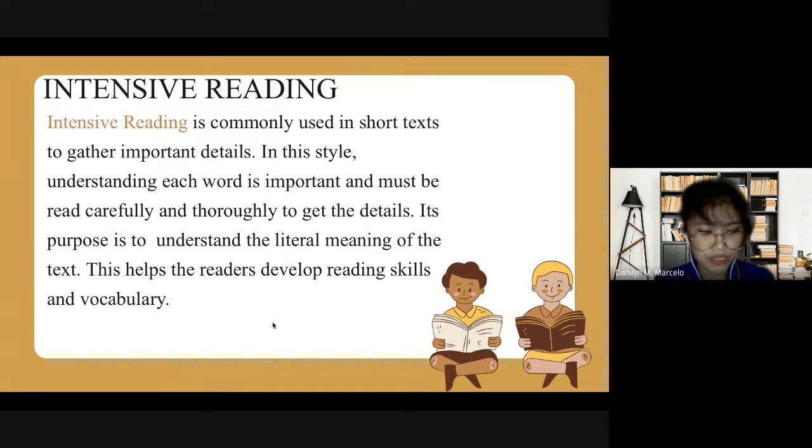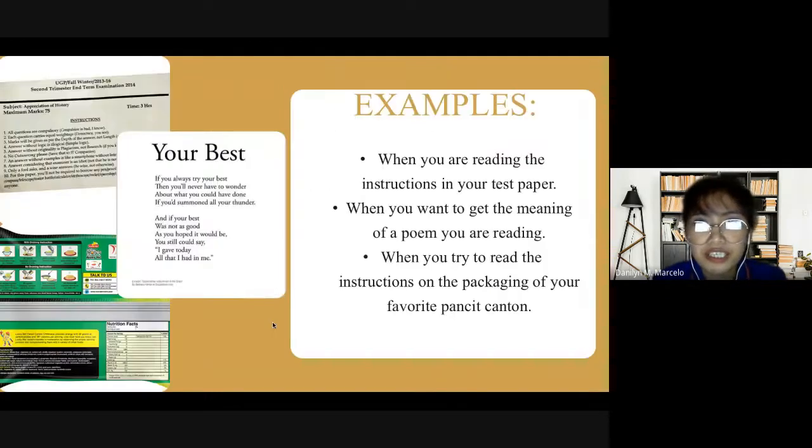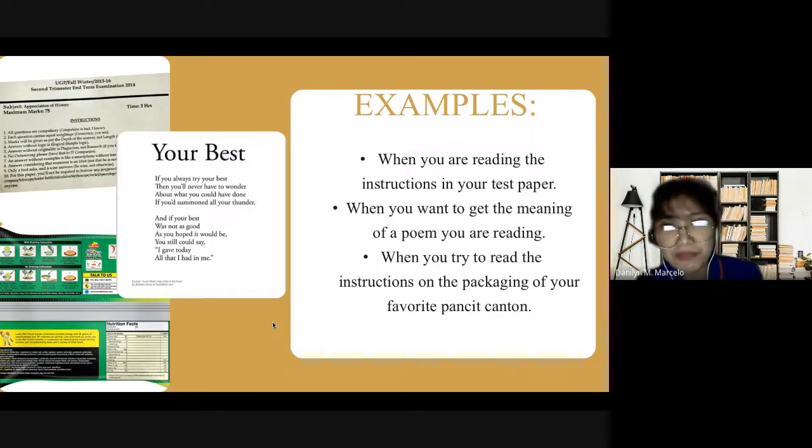In order to understand more about intensive reading, we'll have examples. First is when you are reading the instructions in your test paper. Second is when you want to get the meaning of a poem you are reading. And third is when you read the instructions on the packaging of your favorite pancit canton. Let's have the first example.